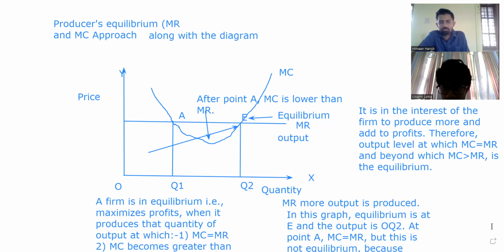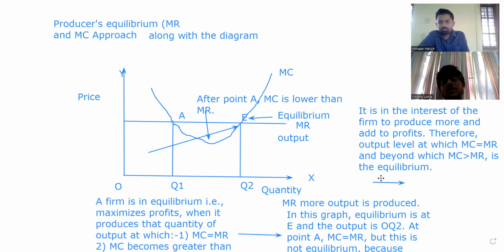At point A, MC is equal to MR as well, but this is not equilibrium because it is in the interest of the firm to produce more and add to profits. Therefore, the output level at which MC is equal to MR and beyond which MC is more than MR is the equilibrium.